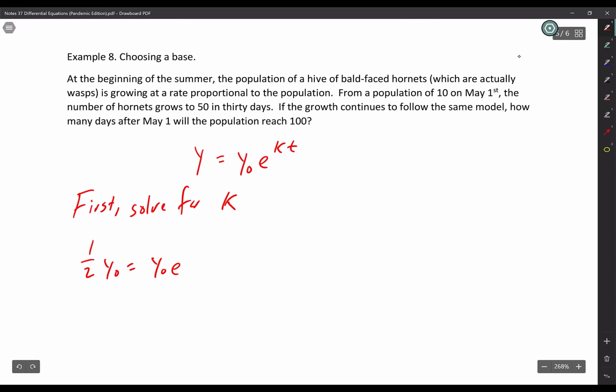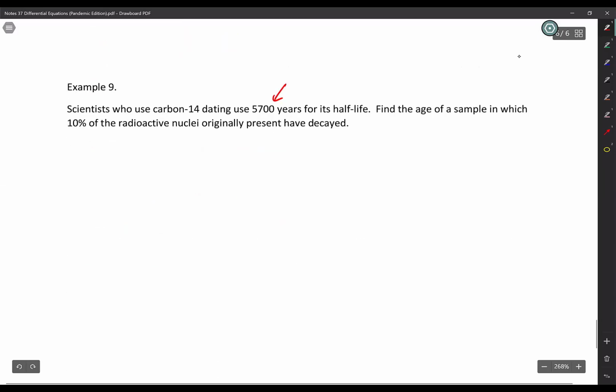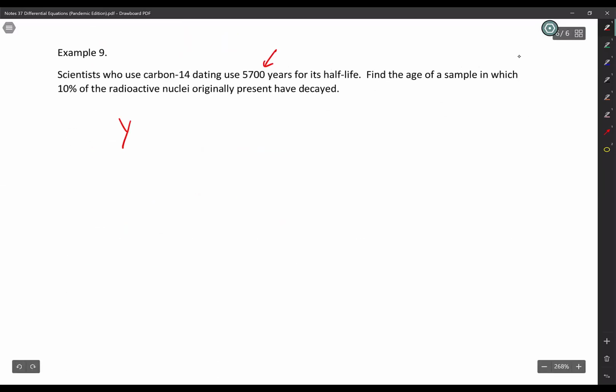Wait, why are we solving for k? I need my k value to solve for the amount that I have. K is the constant that will determine how fast or how slow something is decaying.